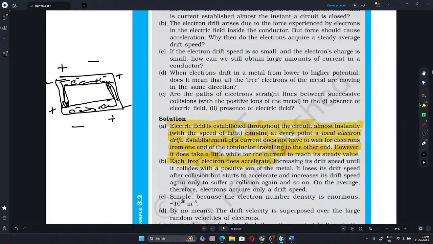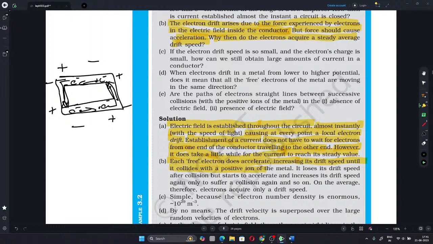Each free electron does accelerate, increasing its drift speed until it collides with a positive ion. Wait, let's read the question first. The electron drift arises due to the force experienced by electrons in the electric field inside the conductor, but the force should cause acceleration. Why then do the electrons acquire a steady average drift speed?